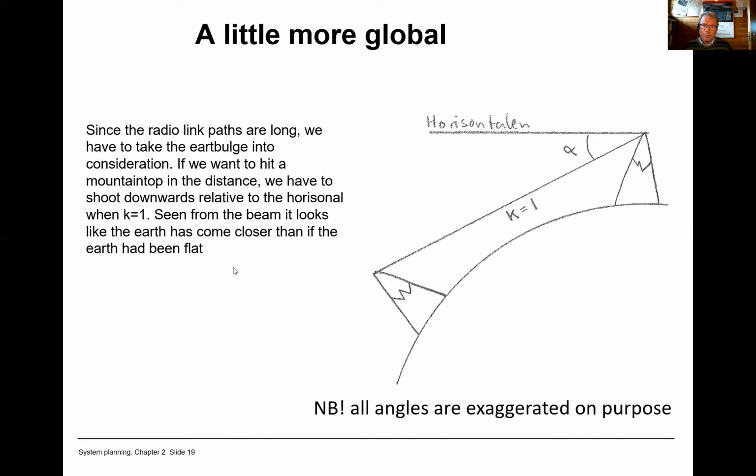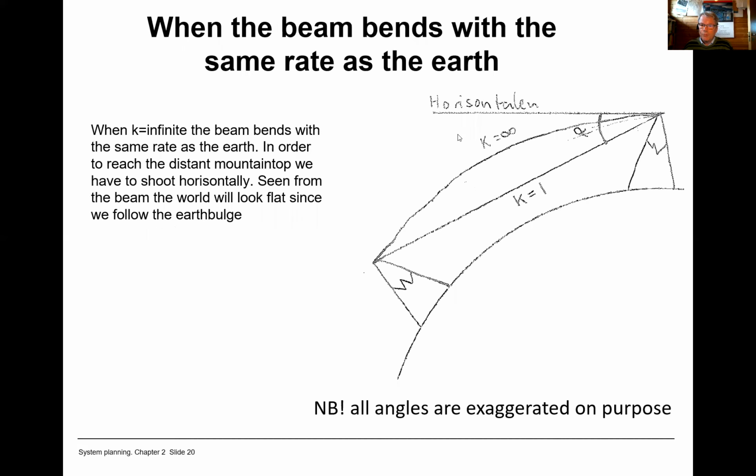Okay, and if we shoot with k infinite, if the atmosphere was such that k was infinite, you will see that the ray would bend with the same rate as the Earth. So if you were riding along the wave here, it would look like the Earth was flat.